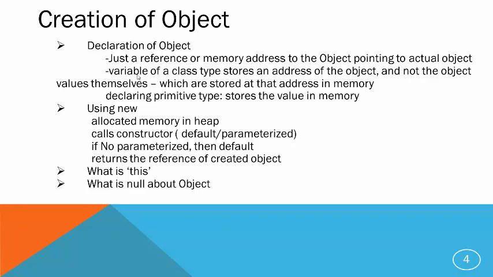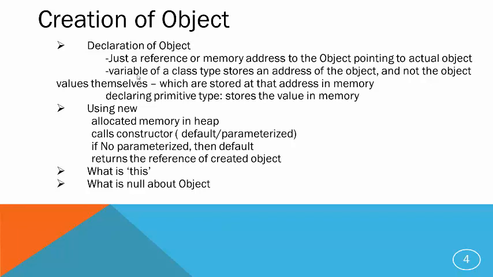When you declare a primitive, you have the value of that primitive data type, which is available in stack memory.